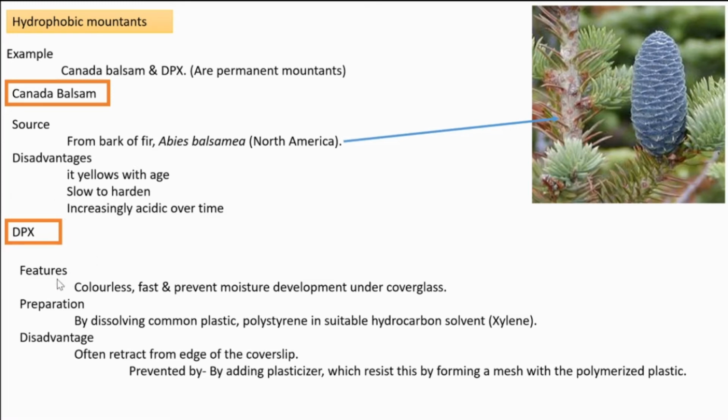Then DPX. Important features of DPX: it is colorless, fast, and prevents moisture development under the cover slip or cover glass. How is it prepared? By dissolving common plastic, polystyrene, in a suitable hydrocarbon solvent like xylene.